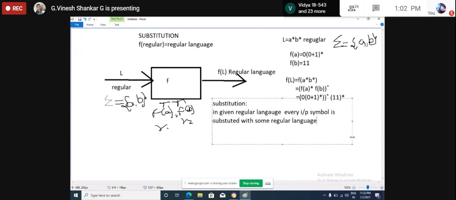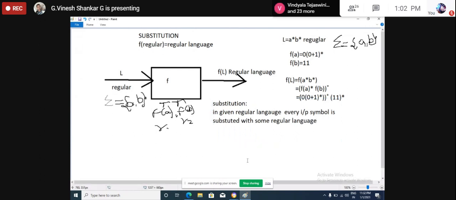You can take this part: in a given regular language, every input symbol is substituted with some regular language. So this is the definition.